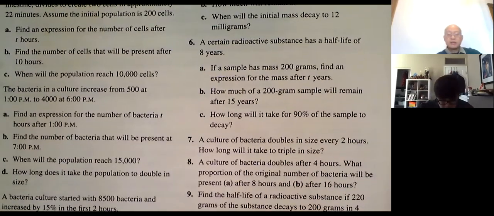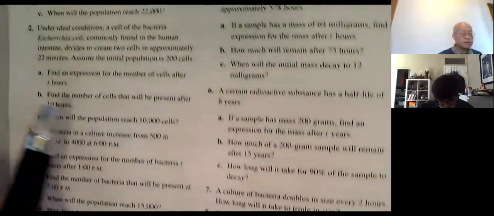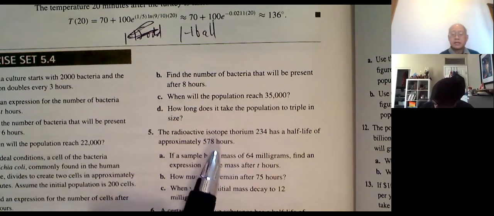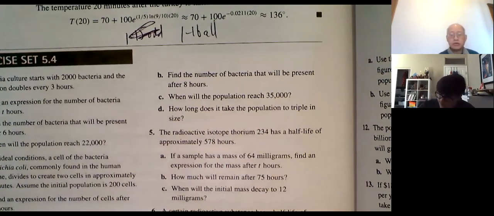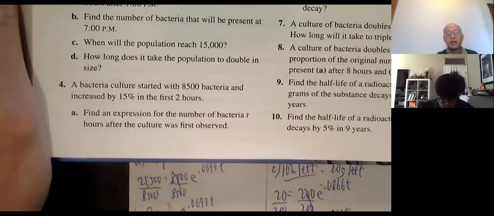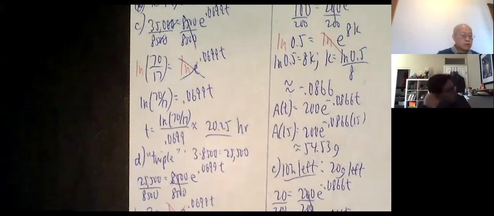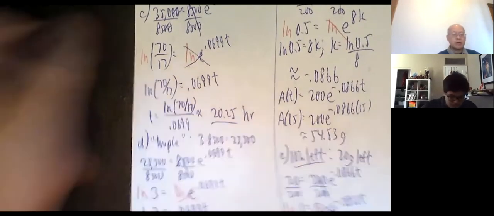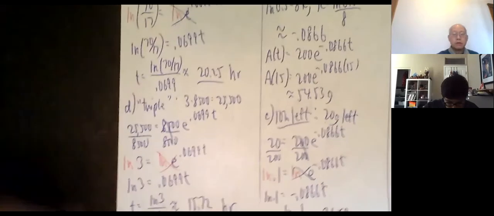And then D. Let's see, where'd it go? Lost my place here. How long does it take the population to triple in size? Okay, so I'll just triple the original amount. What was the original amount? 8,500. So just multiply that by 3, and you get 25,500. Okay, so part D, triple.